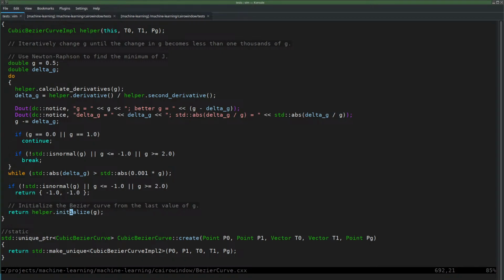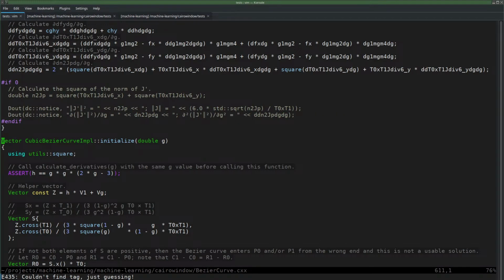The assert is wrong. You can call this with any g you want. I just have to recalculate h.